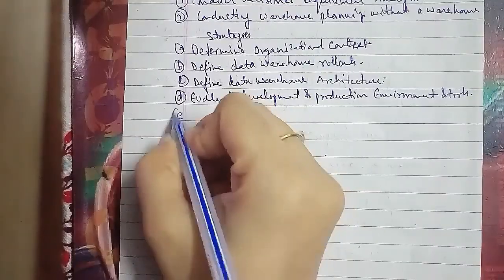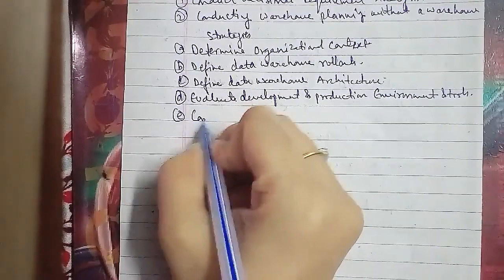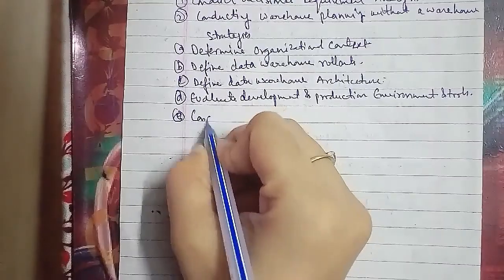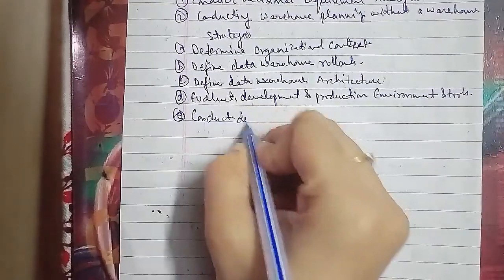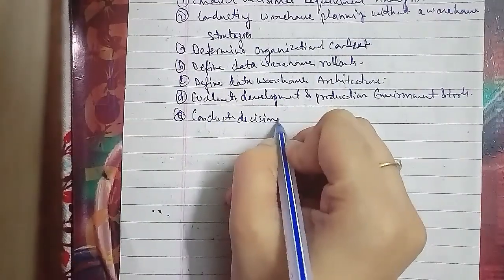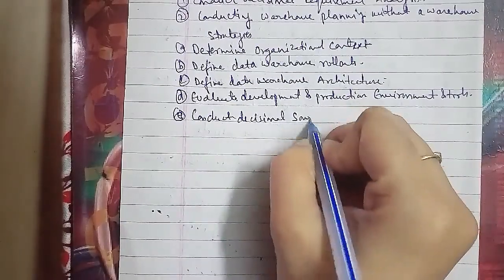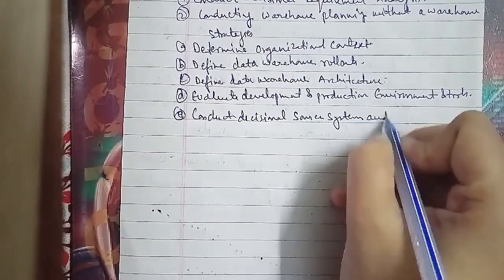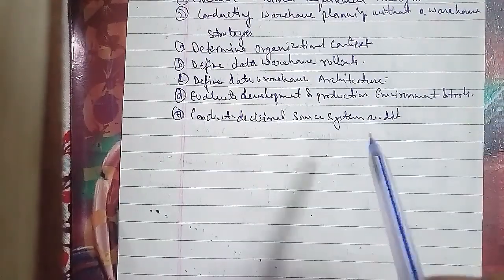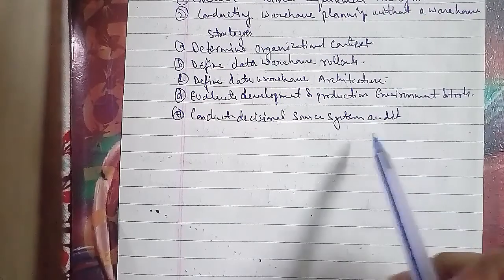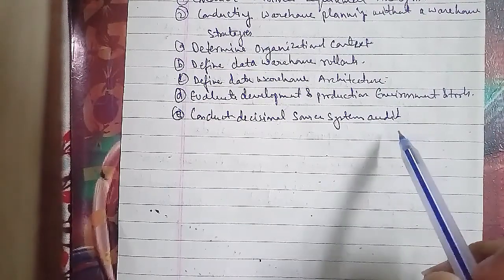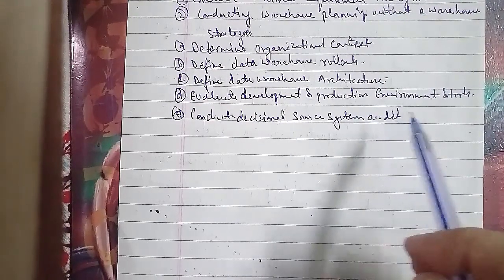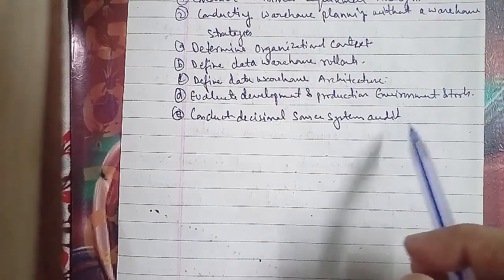The last is to conduct a decisional source system audit. The decisional source system audit is a survey of all information systems that are current or potential sources of data for the data warehouse.